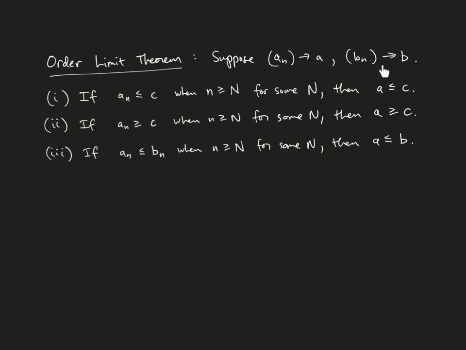So if you have a convergent sequence and the sequence is less than or equal to some constant, at least far out in the sequence, so you only have finitely many exceptions, and after that your sequence is less than or equal to some constant, then the limit itself has to be less than or equal to that constant. And I think this is pretty intuitive if you think about it. Okay, and then you have the same thing with the reverse inequality here.